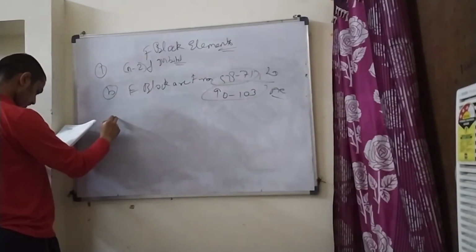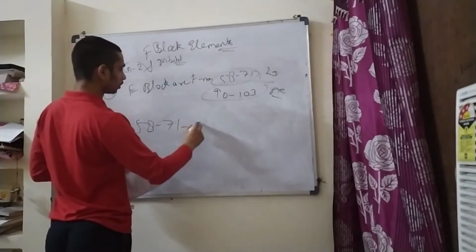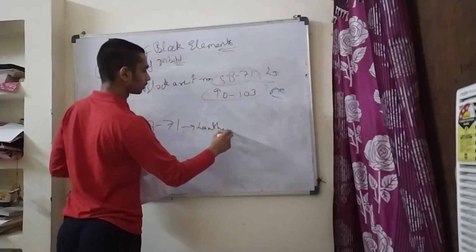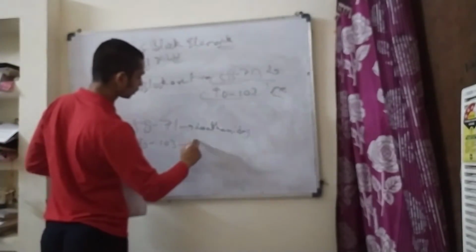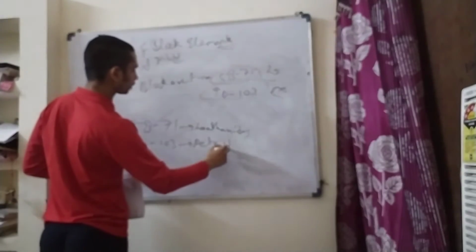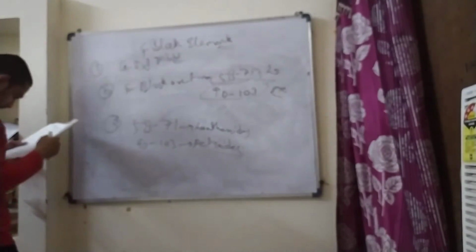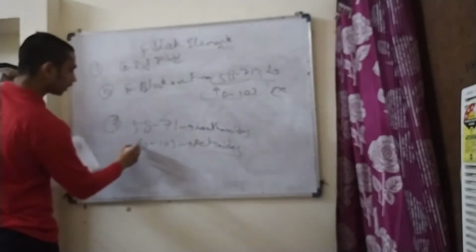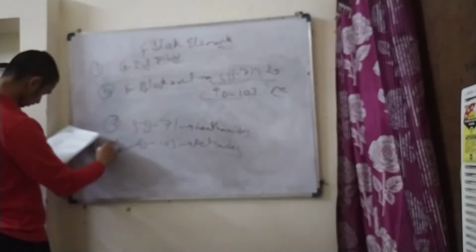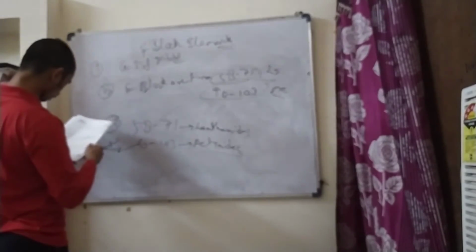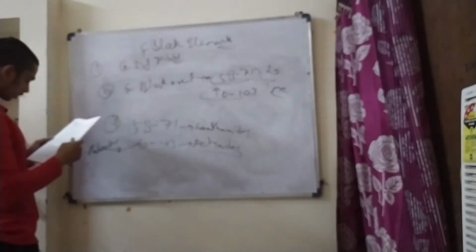And third part, as we already told, 58 to 71 are lanthanides, and 90 to 103 are actinides. All actinides are radioactive. So these are the properties of F block elements.